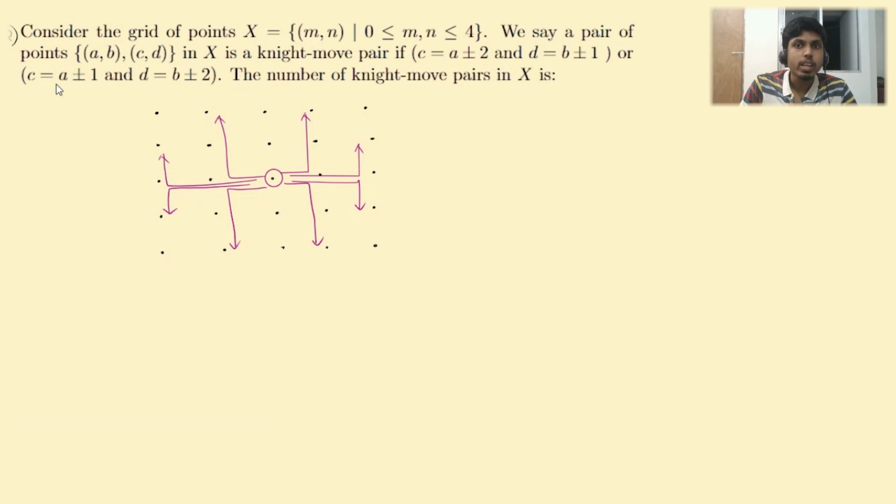But here they are defining a more formal version of knight move pair by considering set of points that satisfies a plus or minus 2 and b plus or minus 1, or a plus or minus 1 and b plus or minus 2 as shown. So let's say you are starting from the center violet circle, then you are allowed to navigate to these circles.